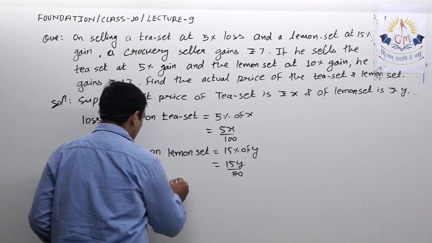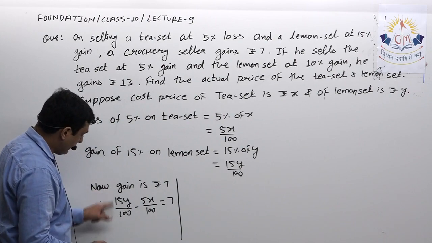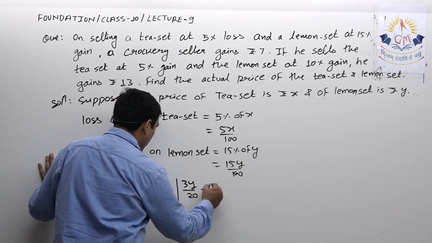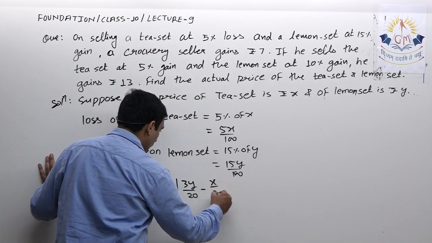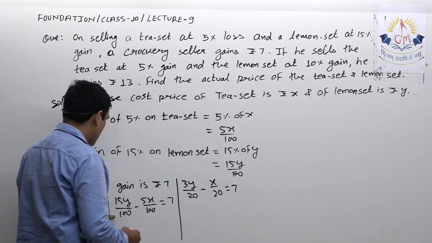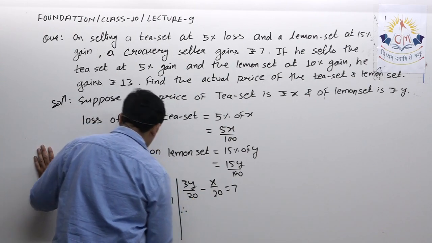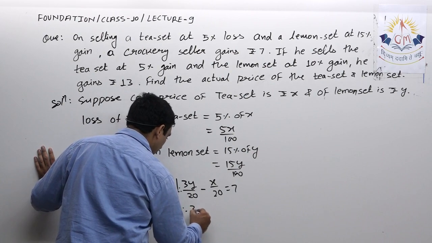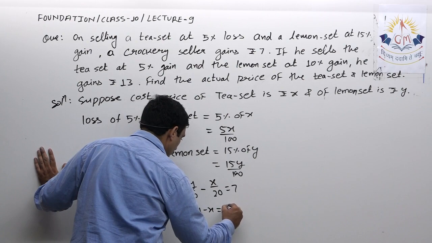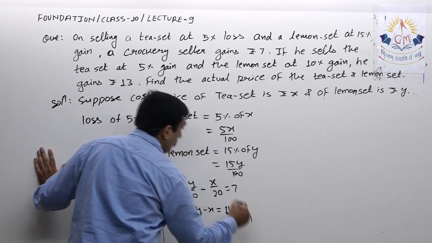So if I simplify this further, here I can cut it by 5. So 3y upon 20 minus x upon 20 is equal to 7. So ultimately here I will get 3y minus x is equal to 140. This is my equation number 1.